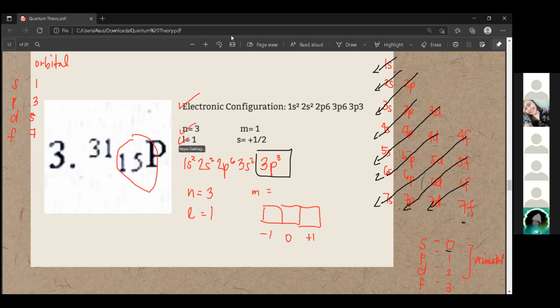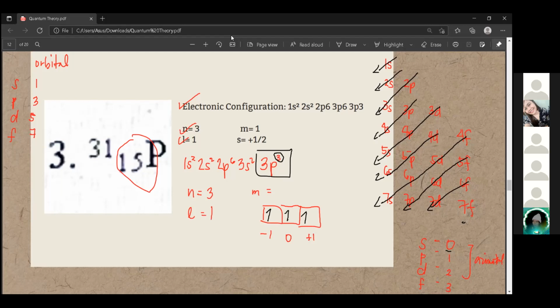Let's check this pala. And then let's fill in. How many electrons is that? Tatlo. Tatlo yung i-fill in natin. Hund's rule, put them singly first before pairing up. So isa-isa muna. So we have 1, 2, and 3. Kung saan ka nag-end, class, yun yung magiging magnetic quantum number mo.